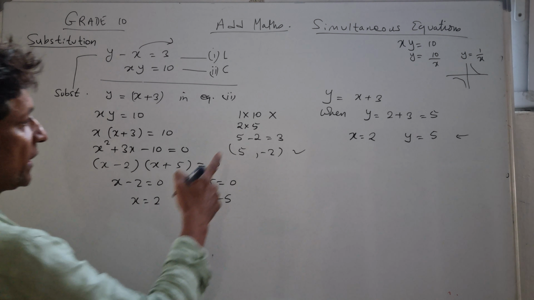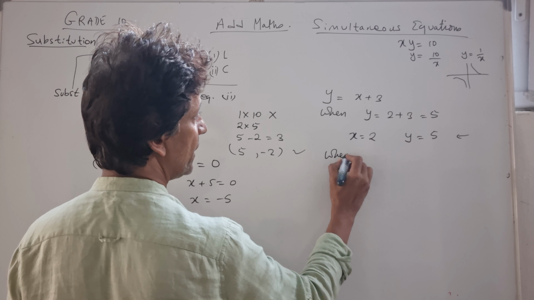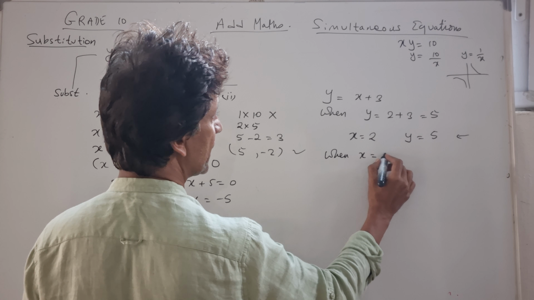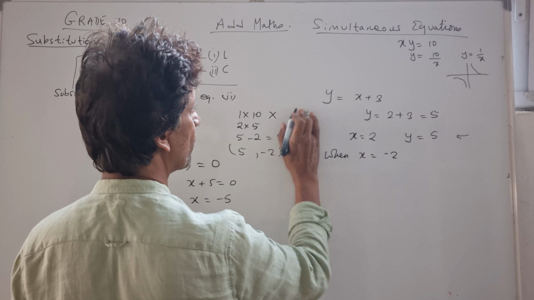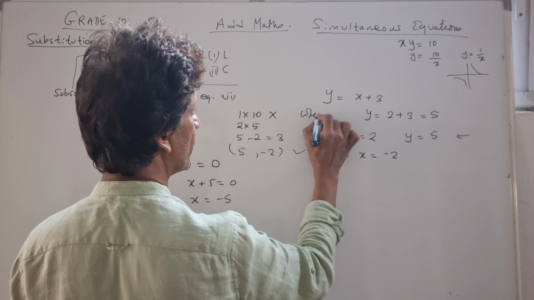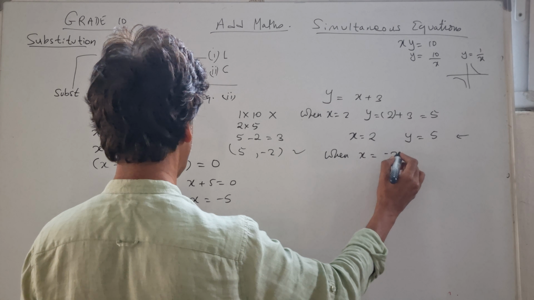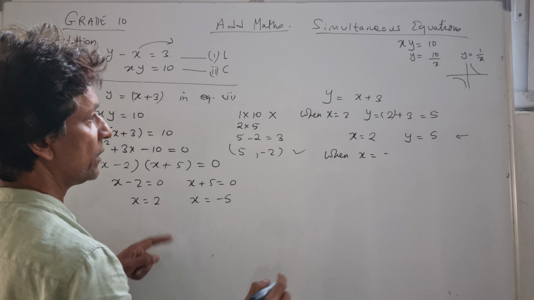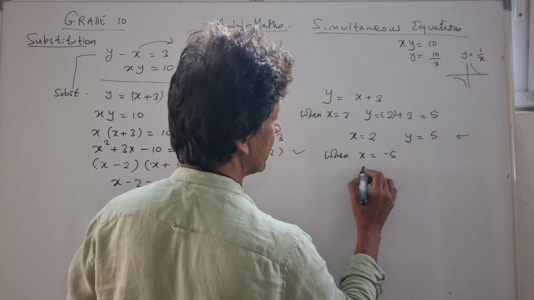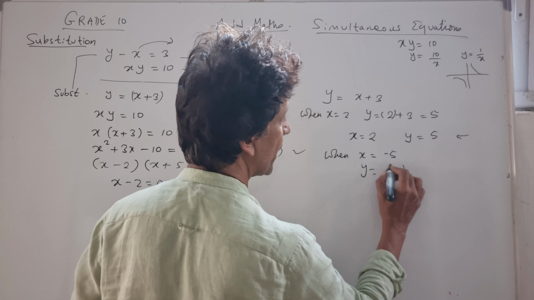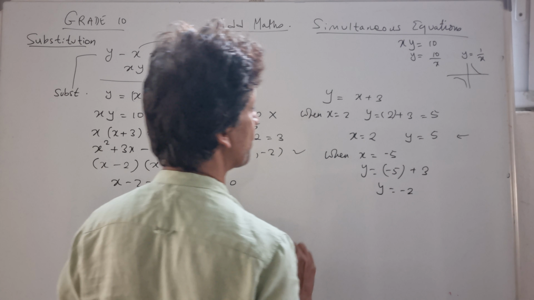The second one is x equal to negative 5. So x is negative 5, and then y is going to be equal to negative 5 plus 3. Negative 5 plus 3 is actually negative 2.